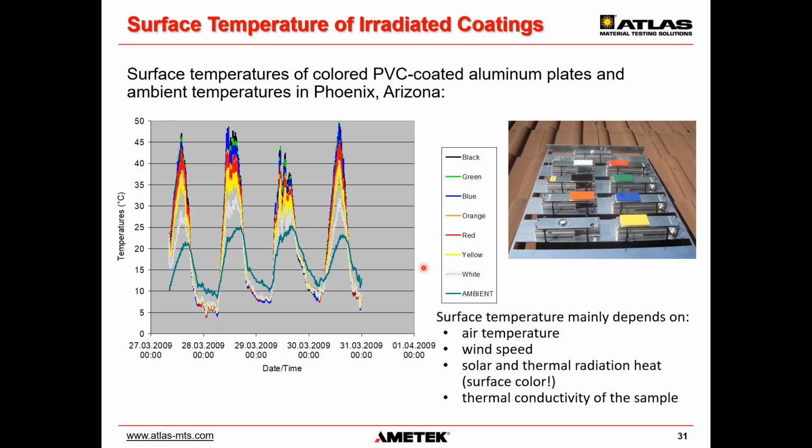Here we exposed PVC-coated aluminum plates in Phoenix, Arizona, throughout several days, and we measured the surface temperatures, and we see, no big surprise. All surfaces, even the white one, get hotter compared to the ambient temperature. And the higher the irradiance during the day, the higher the temperatures. And we see this temperature splitting between the different colors. So no big surprise.